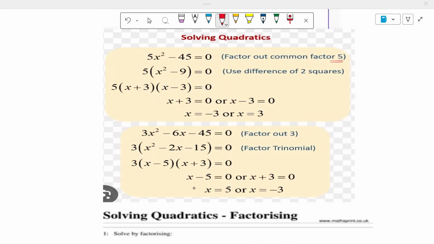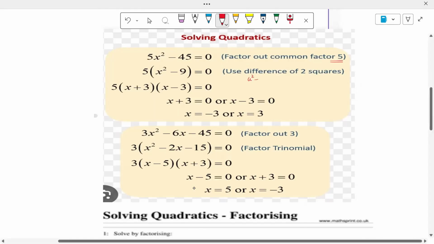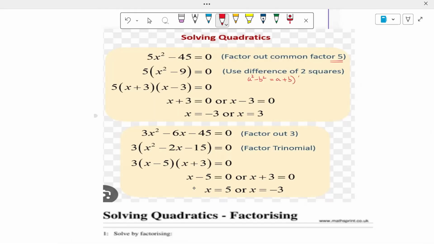Now here, using the third identity, that is a squared minus b squared is equal to a plus b, a minus b. So it is x squared, and 9 is the square of 3. That is how we get x plus 3, x minus 3.